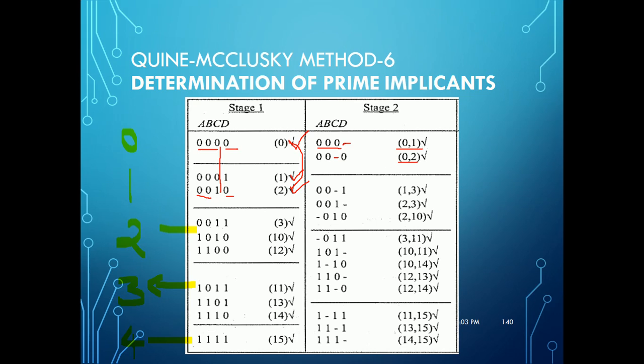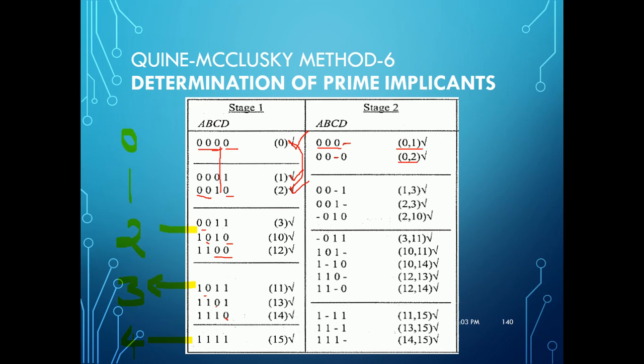As you go on combining, you have to check mark stage 1. Try to see whether 0 can be combined with the other terms. It cannot be combined in the later cases. Why? Because 3 terms actually have to match, and that won't match with the other terms here. Here you only have two zeros, that won't match with min term 0.